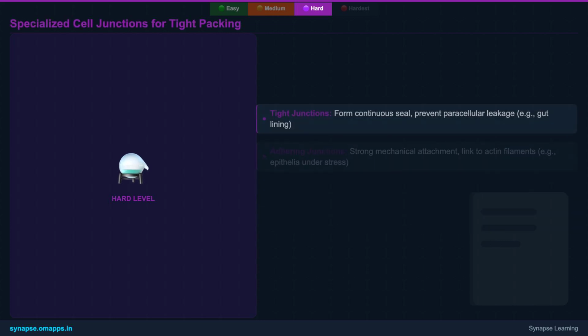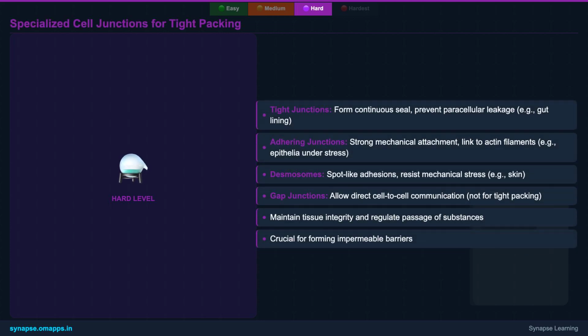There are several types of cell junctions, each with a specific role. Tight junctions form a continuous, impermeable seal, preventing substances from leaking between cells, which is vital in organs like the gut. Adhering junctions provide strong mechanical attachment, often working with actin filaments to hold cells together.